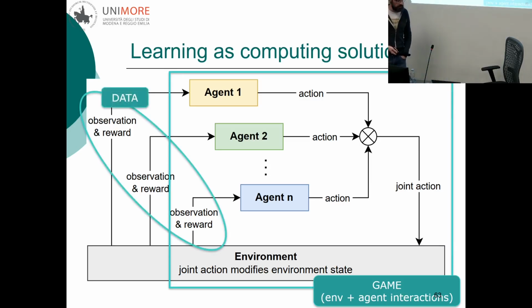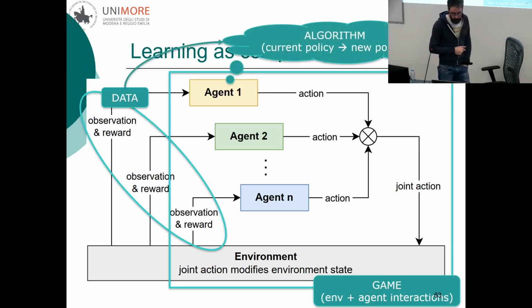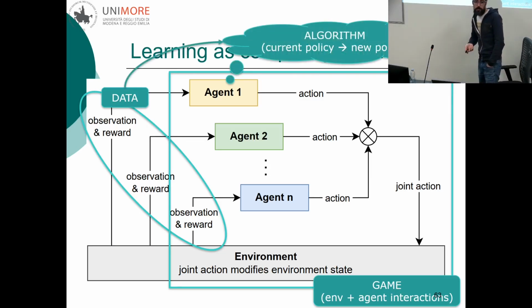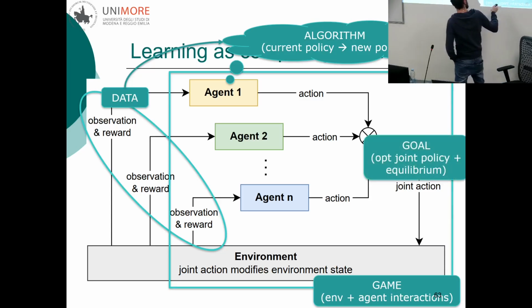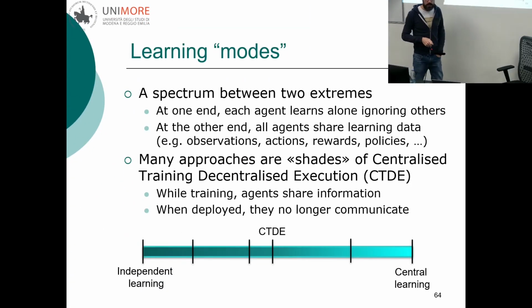This will be the definition of the game. The data that the reinforcement learning algorithm uses to learn is the collection of observations and rewards. The algorithm should update the policy, and the goal, for instance, is to get to an optimal joint policy plus some desired equilibrium.